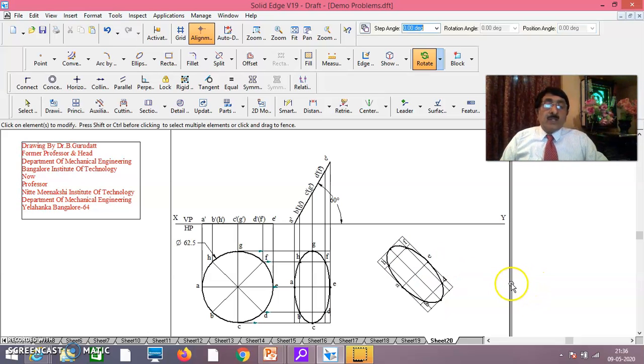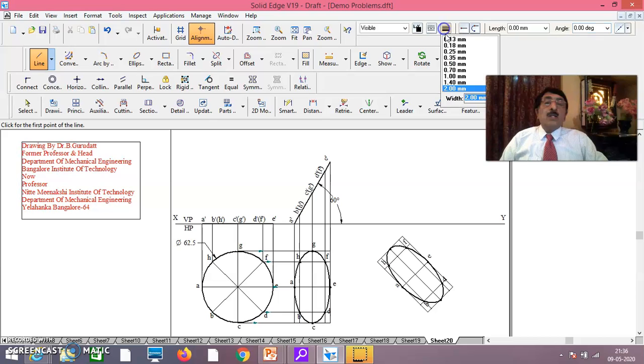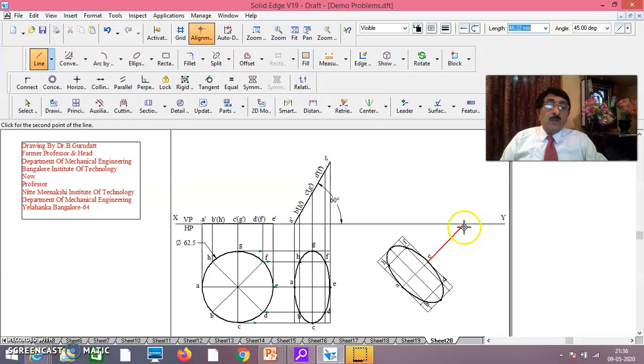Now this has been done. You just see, I told you this parallel you follow. Now this is AE, that is the top of the diameter containing the point.